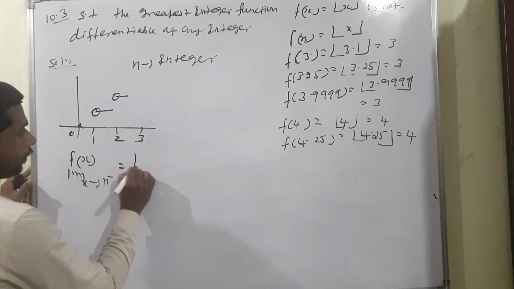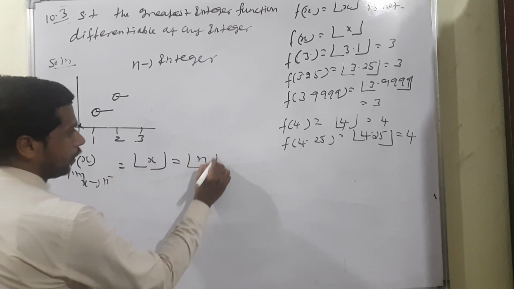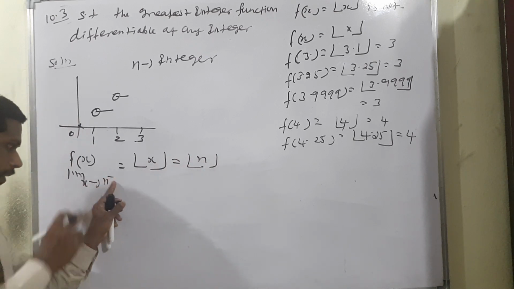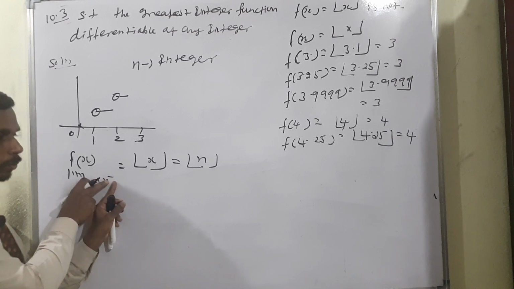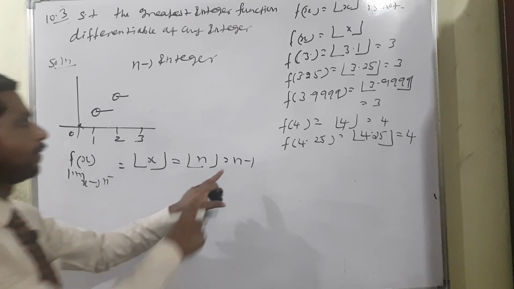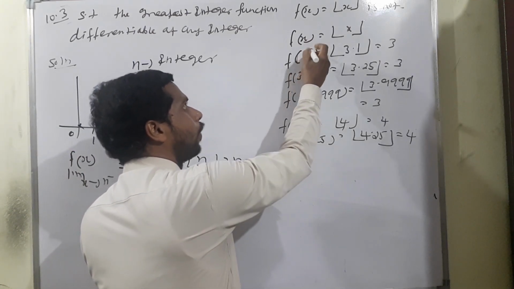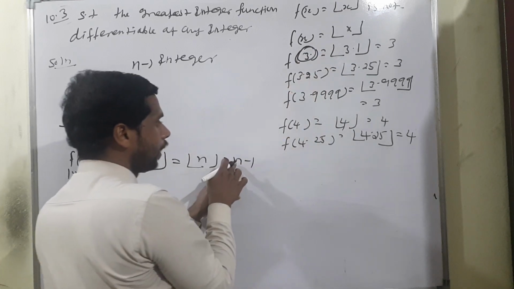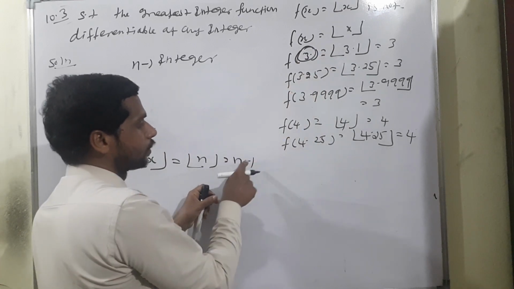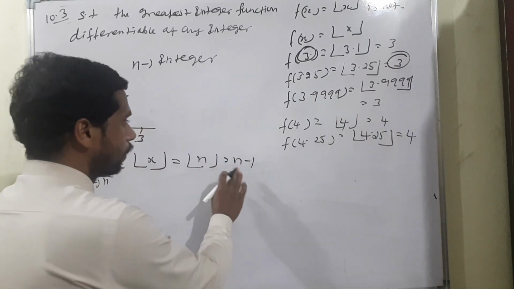Applying the greatest integer of x, the value will be n minus 1. For example, if n is 3.25, it is 3.25 minus something, so what will the answer be? Only 3. So n minus 1.